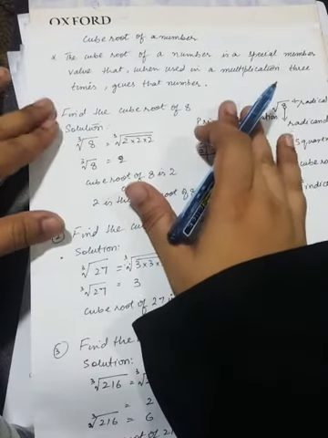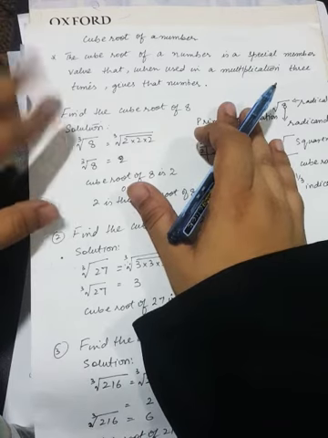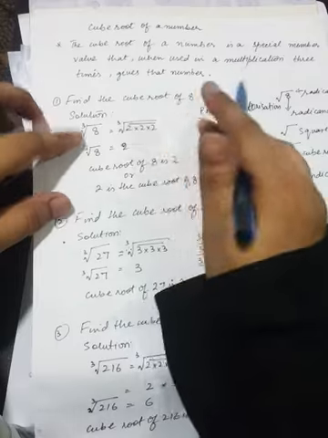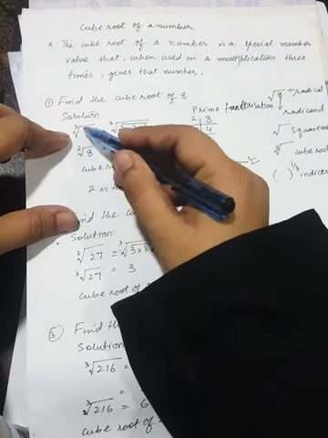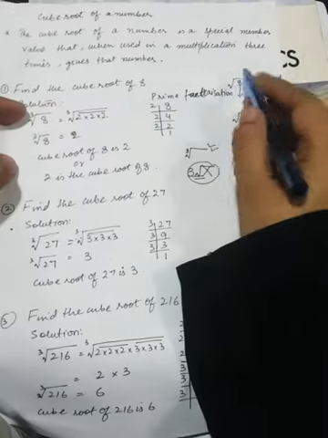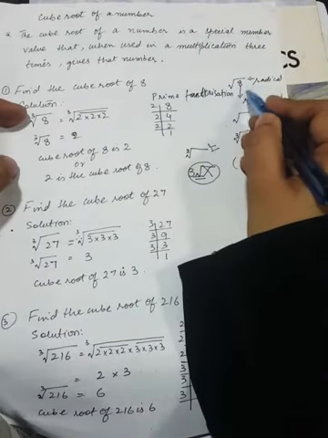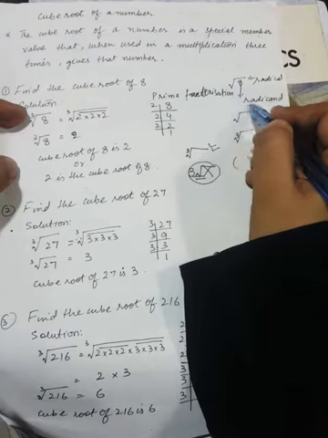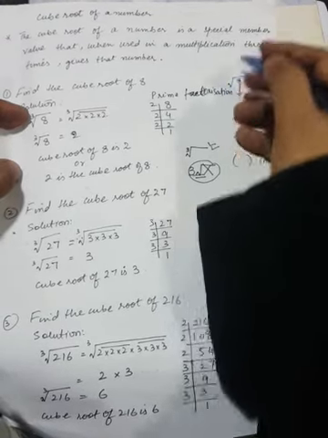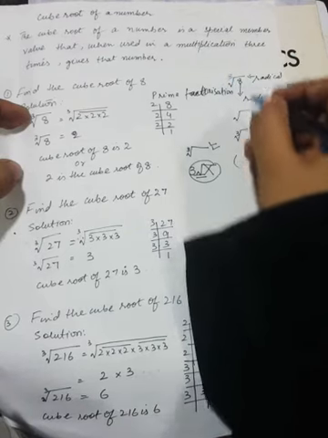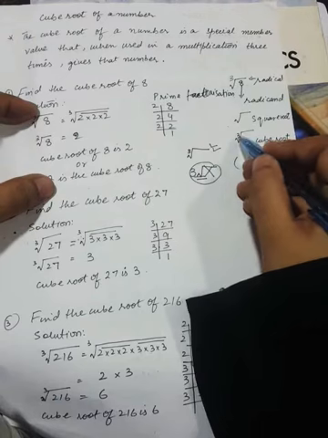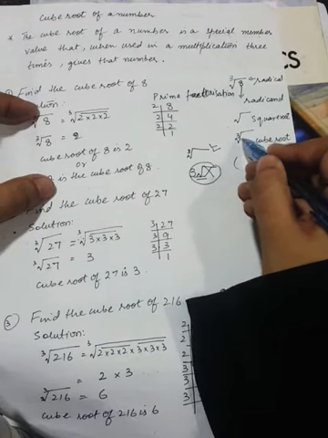The procedure is the same as we did in the square root. Now the question is: find the cube root of 8. Solution. This is the symbol for the cube root. This is the radical sign, and the number written inside is called the radicand. Without the 3, this is for square root, and for the cube root we put a 3 over here.